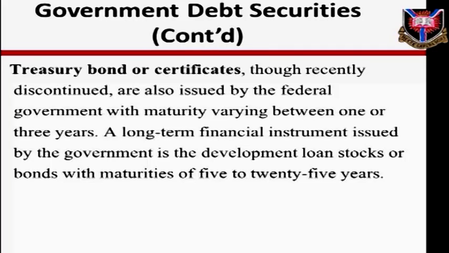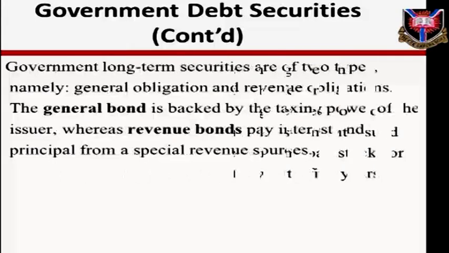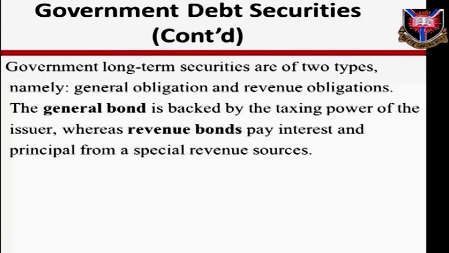A long-term financial instrument issued by the government is the developed loan stocks or bond with maturities of 5 to 25 years. Government long-term securities can be of two types, namely general obligation and revenue obligations.